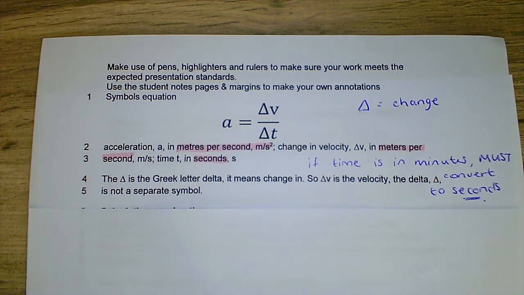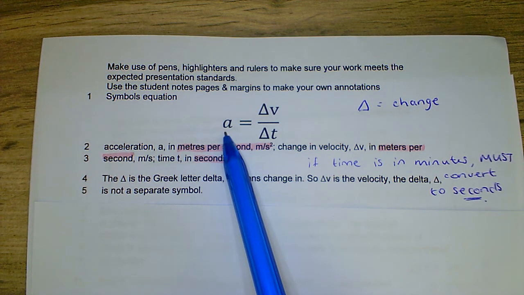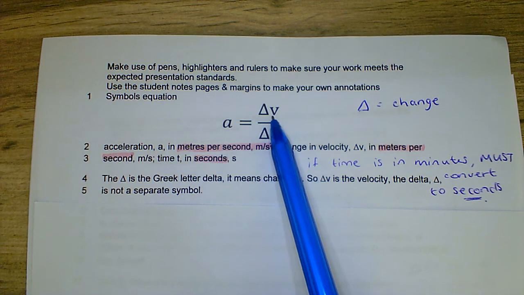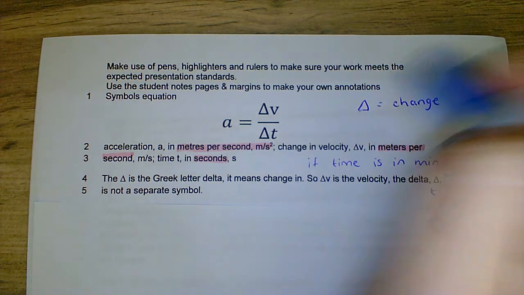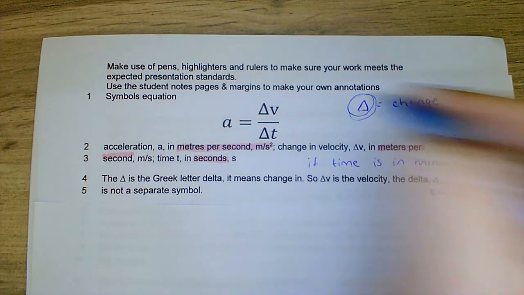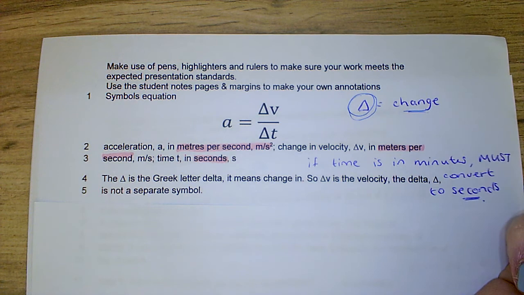So sometimes it can look like this. A is for acceleration, change in velocity over change in time. So that delta symbol there just means change.